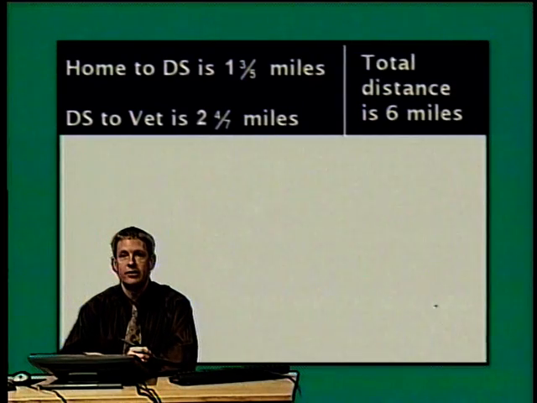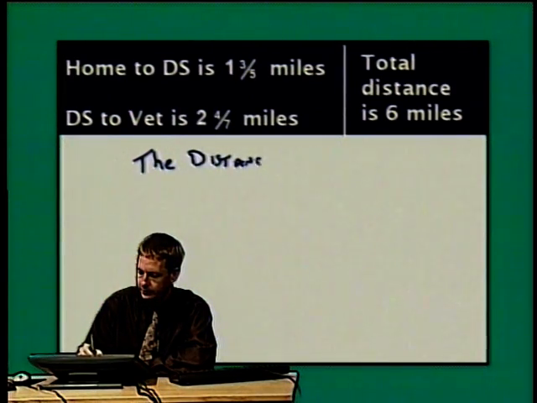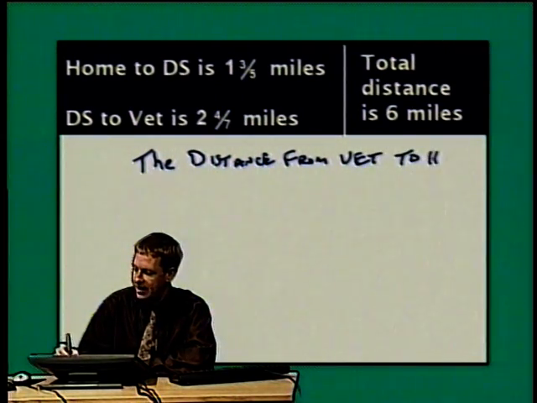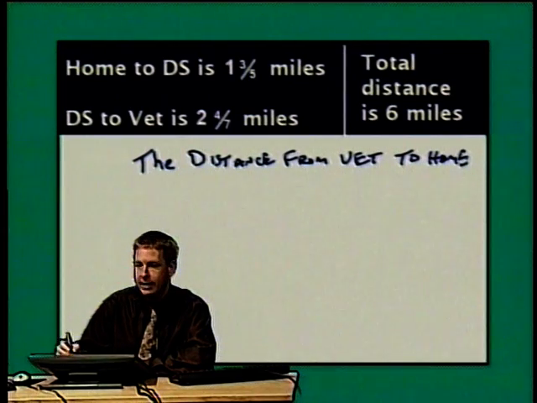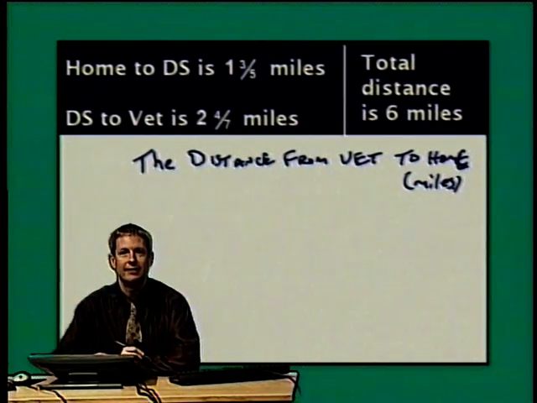So now what we need to do is figure out the distance from the vet back to Sandy's home. And again, let's remind ourselves and the reader that we're measuring these distances in miles.